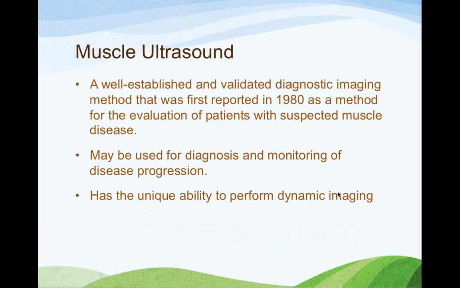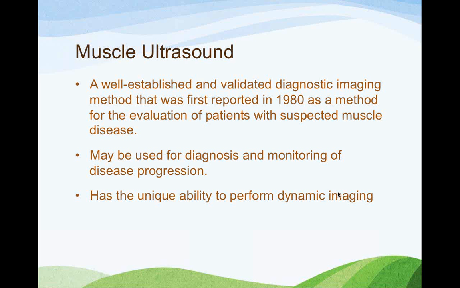So just talking more about muscle ultrasound, it's a well-established and validated diagnostic imaging method that was first reported in 1980 as a method for evaluation of patients with suspected muscle disease. It may be used for diagnosis and monitoring of disease progression, and it has the unique ability to perform dynamic imaging.